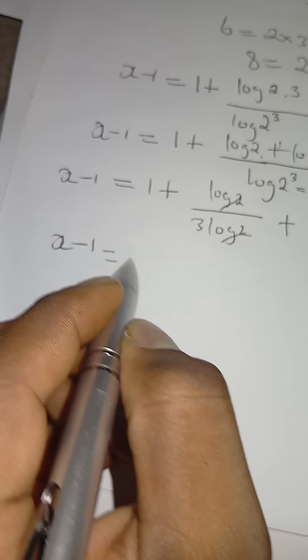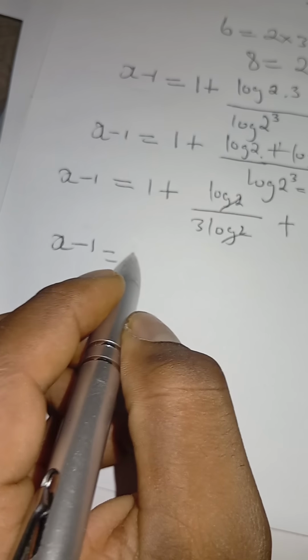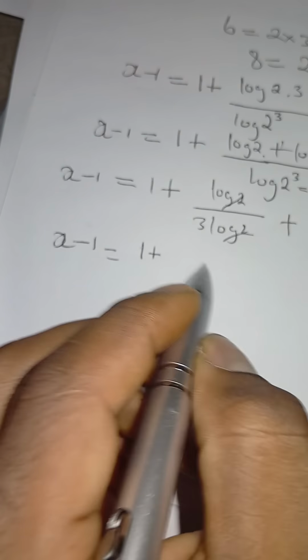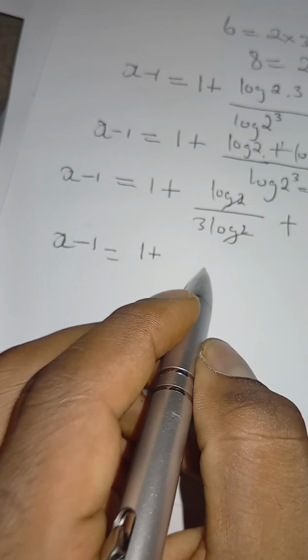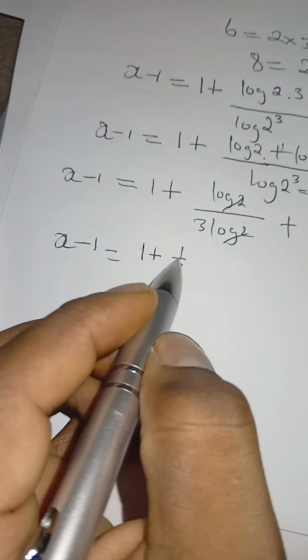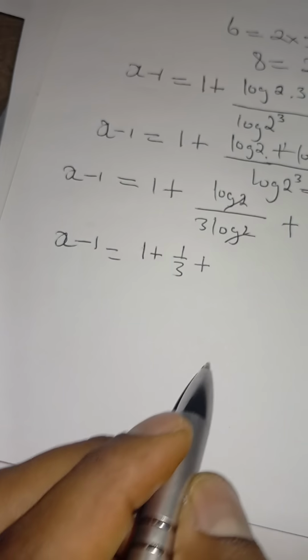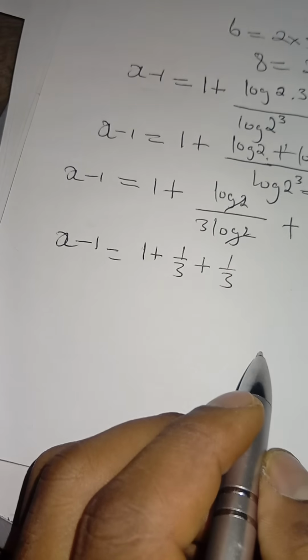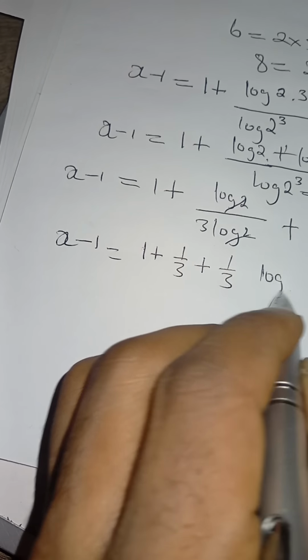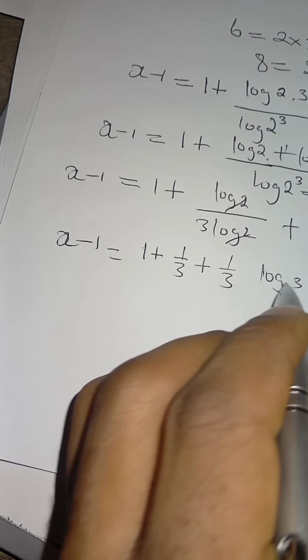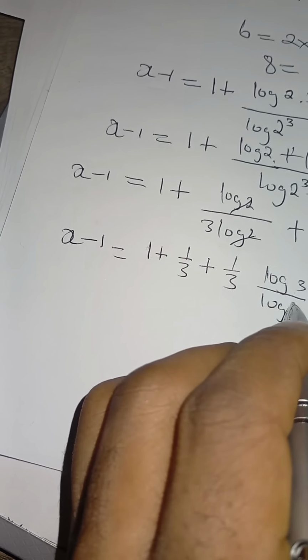We're going to have x minus 1 is equal to 1 plus 1 over 3 plus 1 over 3 log 3 over log 2.